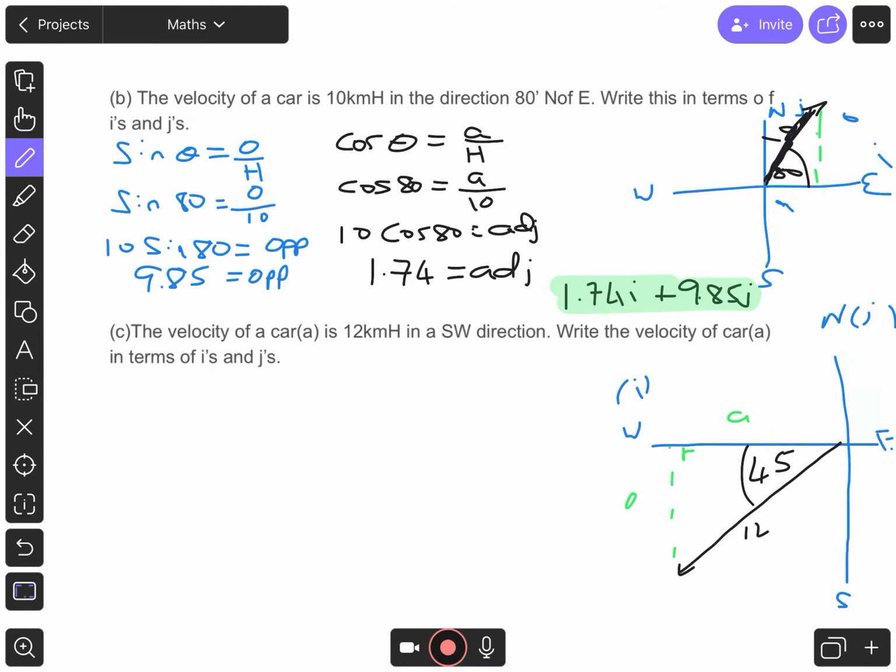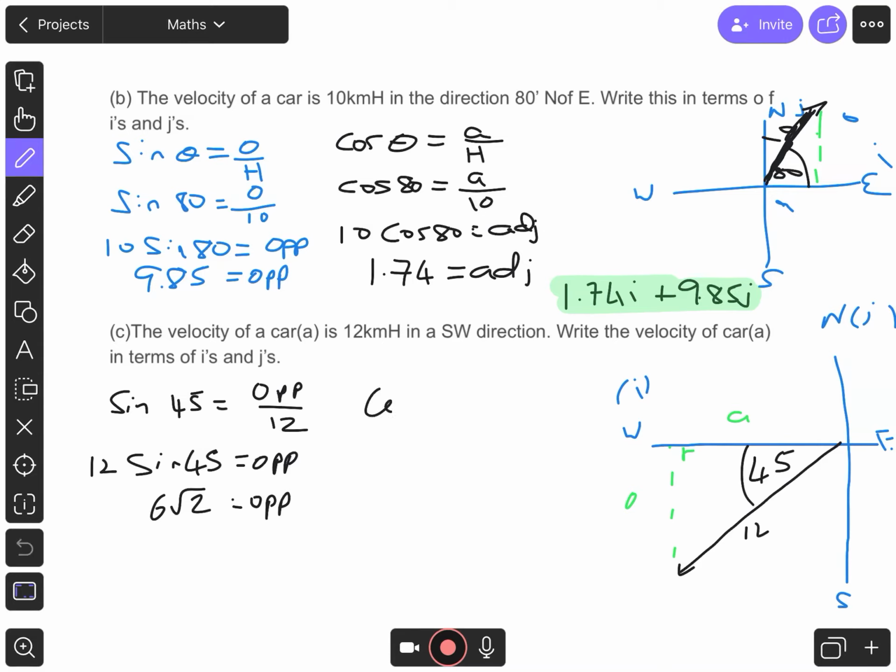So for my opposite, I'm going to use sine again. Sine of my angle, 45, is equal to O over H, so opposite over 12. So 12 sine 45 is equal to my opposite, and that is going to be 6 root 2.